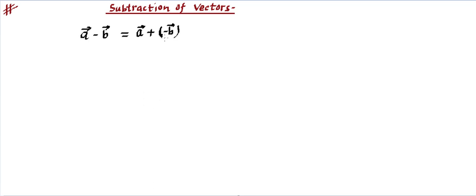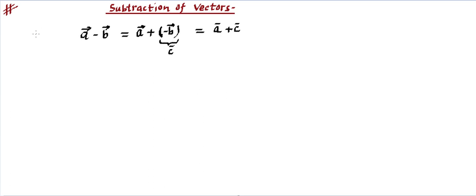Then this C vector will be minus B vector, and our operation will be A plus C. So basically we are adding these two vectors together. Hence we can use all the concepts that we have understood in the case of addition of two vectors.